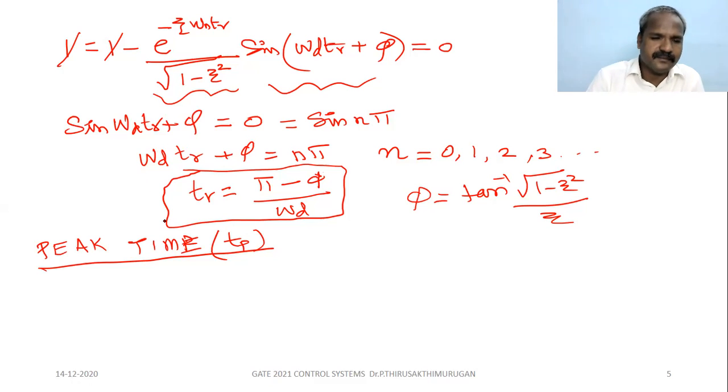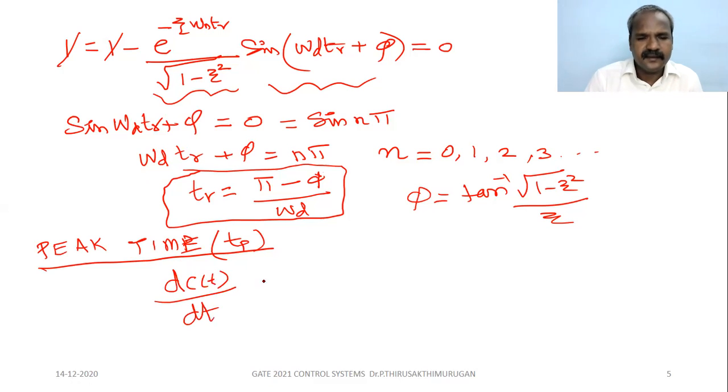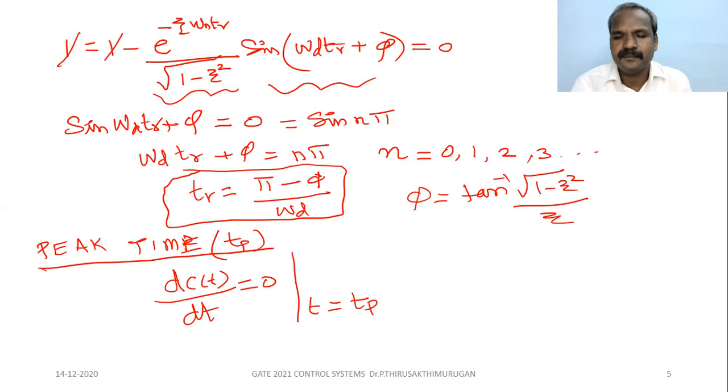For the first peak, we differentiate the response equation, dc of t by dt equals 0, then replace t wherever it appears with TP. So again we consider C of t.